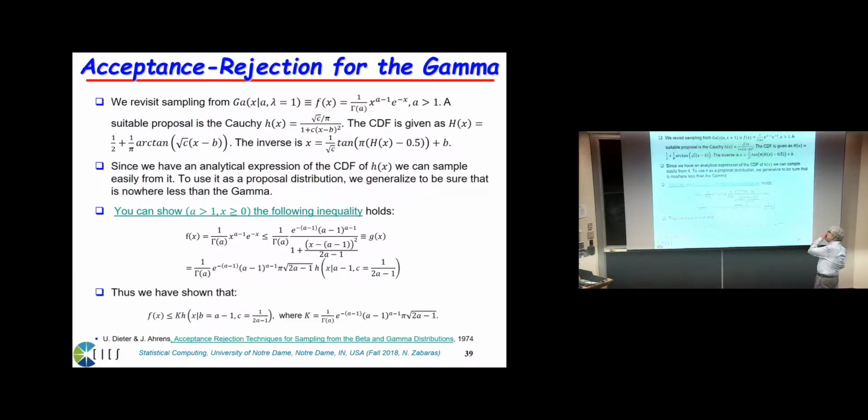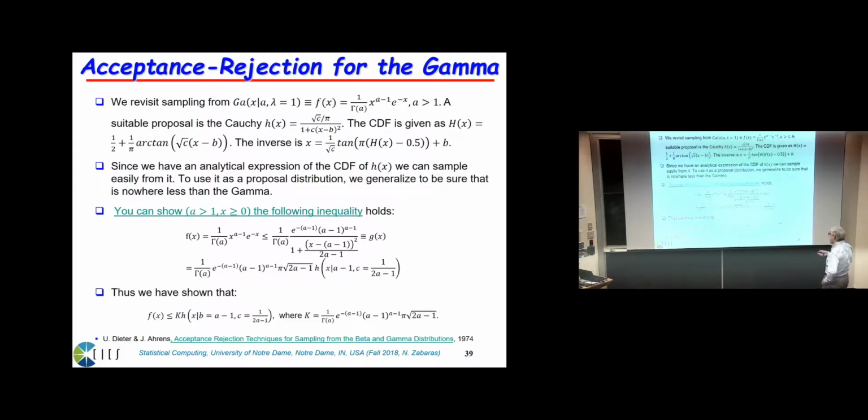Okay, but now the difficult task, and it took me actually lots of search on the web. Somewhere I saw that this was being used, but I couldn't understand why it works. To make it work, you have to actually show that this distribution, the pi distribution that here I denote as f, has to be less than or equal to some constant times the Cauchy distribution.